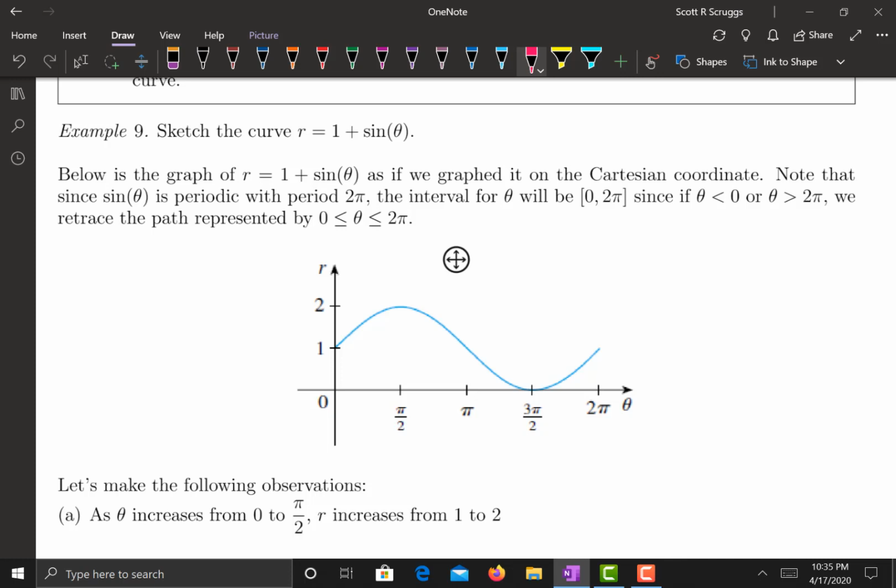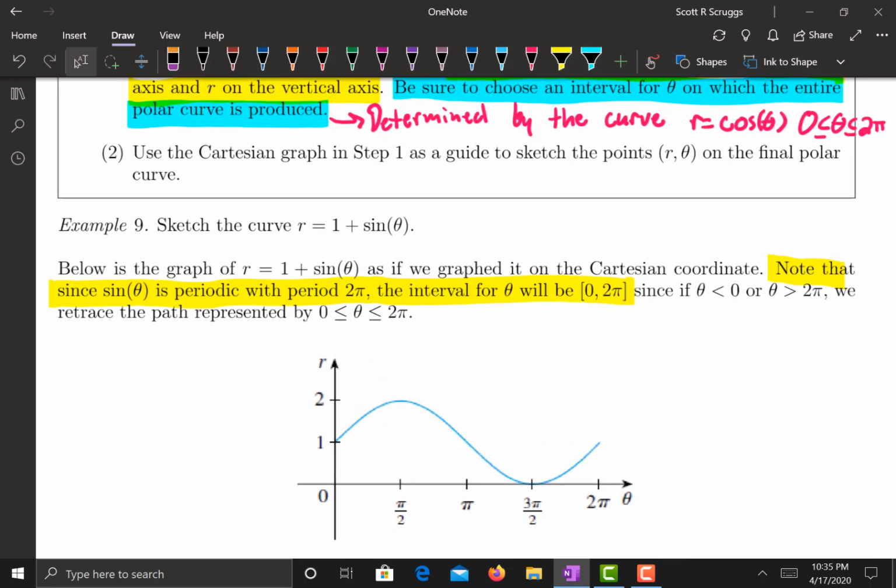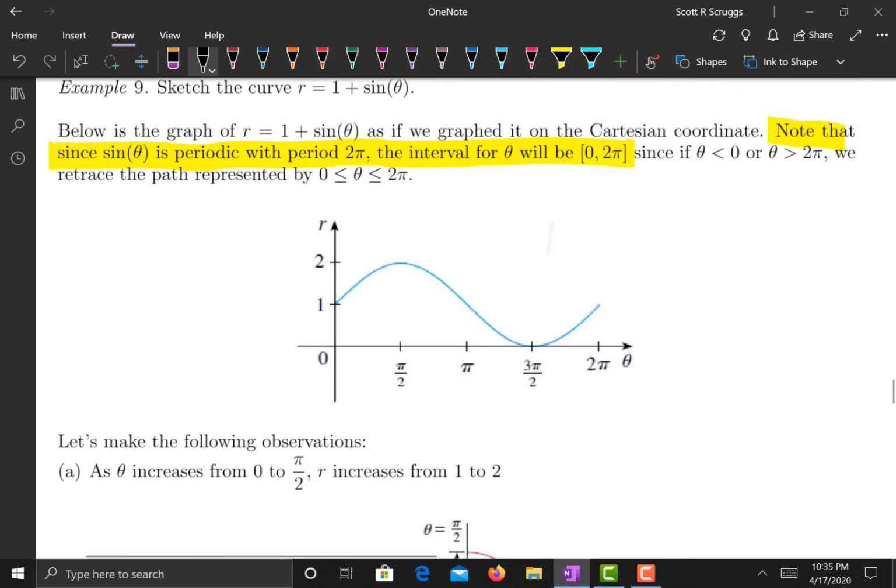So I'm going to determine the interval that I'm working with. Because sine is periodic with period of 2 pi, I'm going to work in the interval 0 to 2 pi, because as mentioned before, since I know my function is periodic, I'm not going to get anything new about my curve if I go outside of that interval, because it's just going to be a reset or a repeat of this picture.